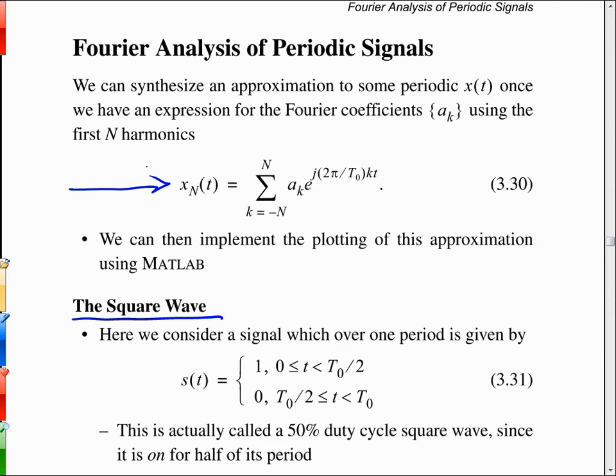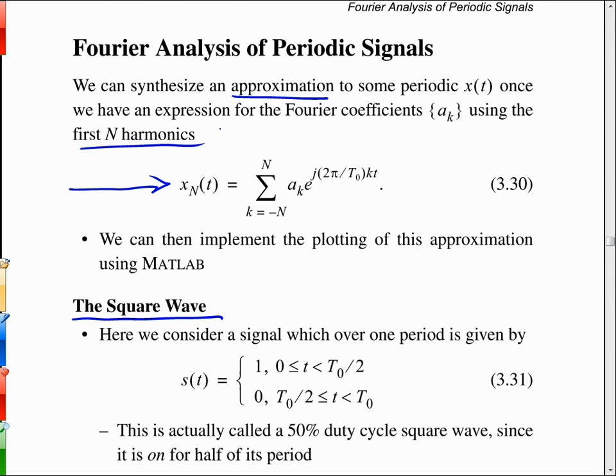We're going to say, okay, now that we have a Fourier coefficients representation for some periodic signal, let's see what happens if we approximate it. So we're going to do an approximation using, say, the first n harmonics. And I'll probably let you take a stab at this in the next homework assignment sheet, not the one that I've got up right now. Just try to mimic some of the stuff I put in the notes and put a plot together in MATLAB of how you can synthesize from harmonics a periodic waveform.